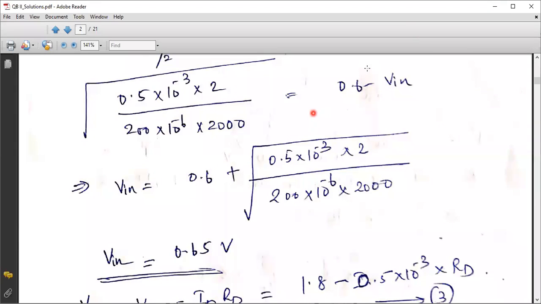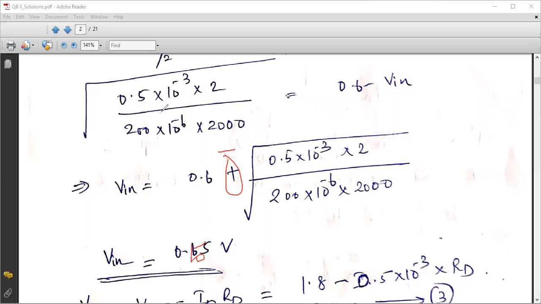Sir, it will become minus. V in will be 0.6 minus the value. Okay, so here it will be minus. Then put it as 0.55. Here it is negative. So here it is 0.55 volt.